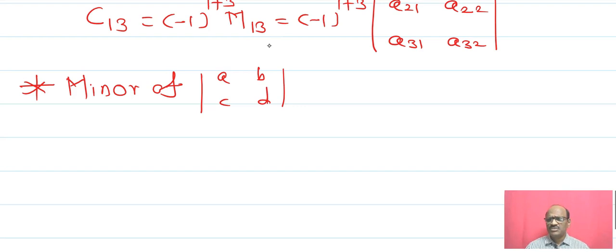Minors of a, b, c, d means what? Minor of element a: if we consider the element a, in front of a there is b and below a there is c, then what is remaining? d is remaining. Therefore the minor of a is d. Minor of b is c, minor of c is b and minor of d is a.